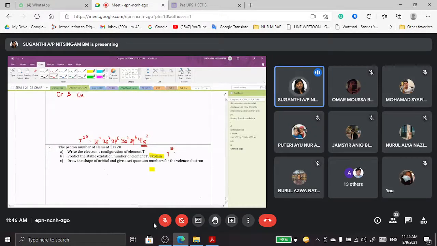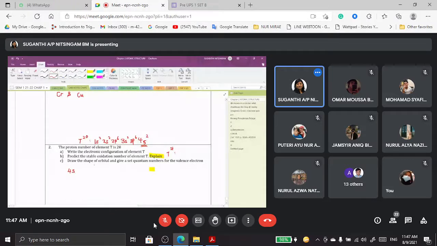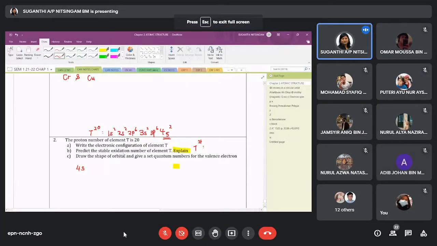Then they say draw the shape of orbitals, give a set of quantum numbers for the valence electron. So for the valence electron yang dia maksudkan ini adalah untuk yang Ti lah, Ti20, iaitu 4s. So kamu kena draw the shape orbital and give a set of quantum numbers for the valence electron. Okay. Untuk 4s lah dia punya valence shell.